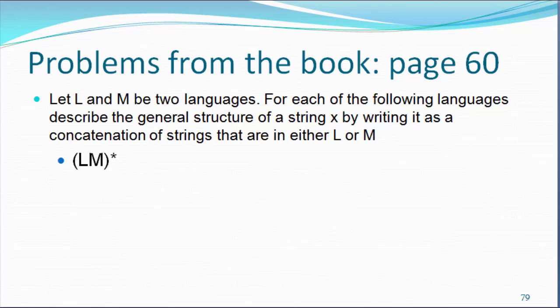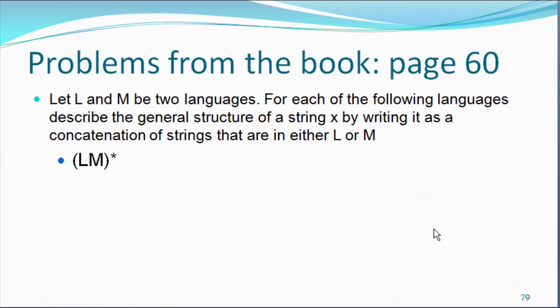Okay, what about L M quantity starred? How do we describe that? Well, informally, we can say it's either the empty string, because anything starred always has the empty string in it, or it's a bunch of things from L and things from M stuck together one after the other.